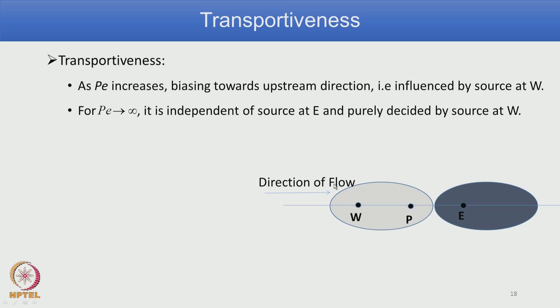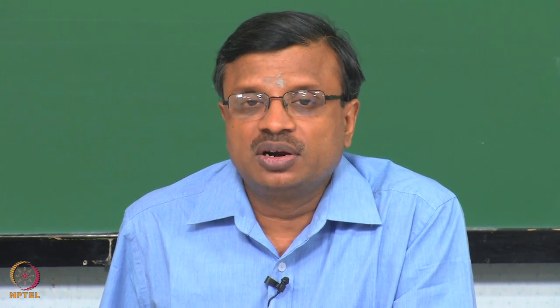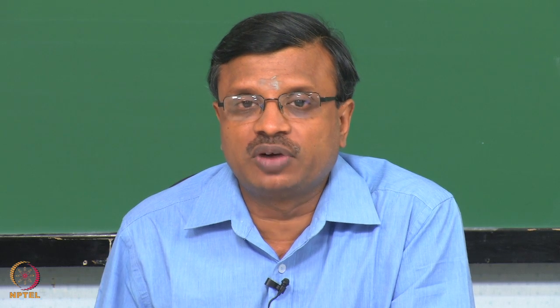So, transportiveness, boundedness and conservativeness are three important properties which any numerical scheme should have. I also mentioned realizability, which we have already talked a bit about, that is concentration. If you are talking about a multi component system, the concentration value cannot go negative, it can have either a lowest value of 0 or a highest value of 100.